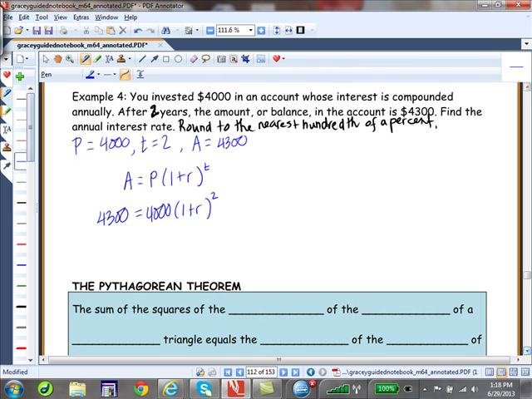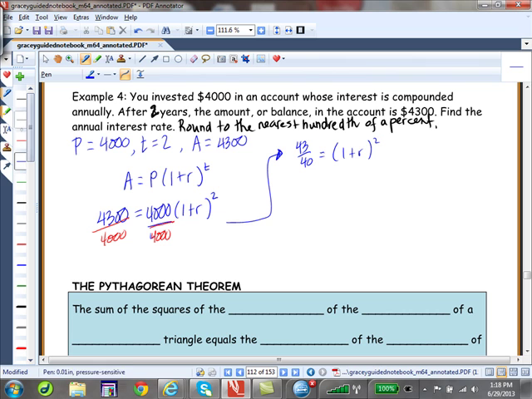All right, well, we want to isolate the squared quantity. So I'm going to go ahead and divide both sides by 4,000. So that reduces to 43/40 is equal to 1 plus R squared.